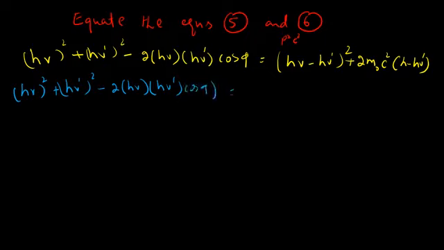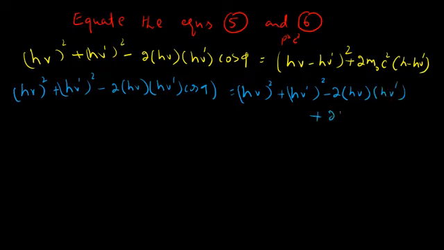So when we solve the right side, h mu square plus h mu prime square minus 2 h mu into h mu prime plus 2 m naught c square into (h mu minus h mu prime).